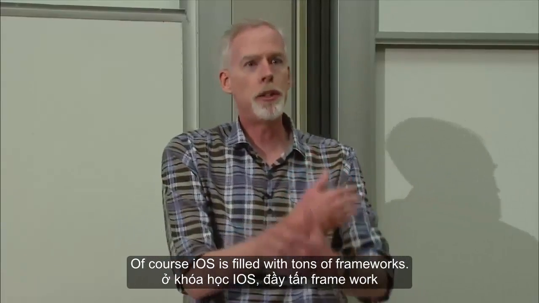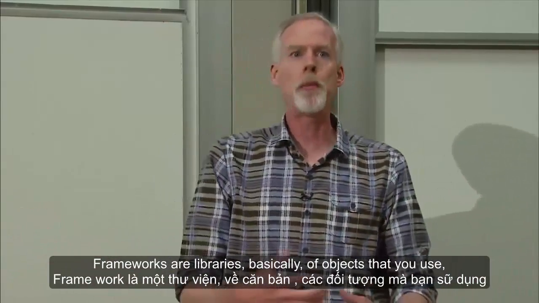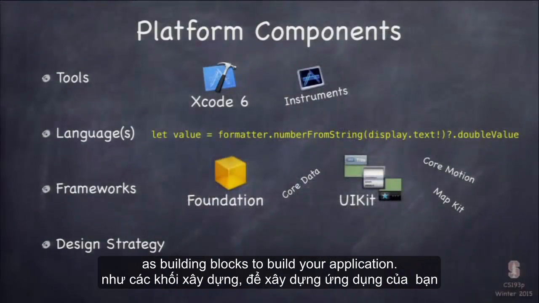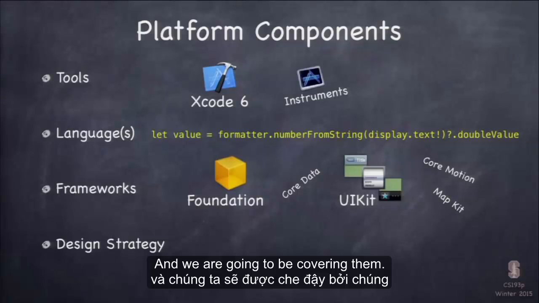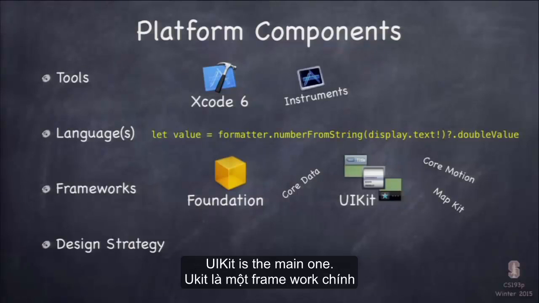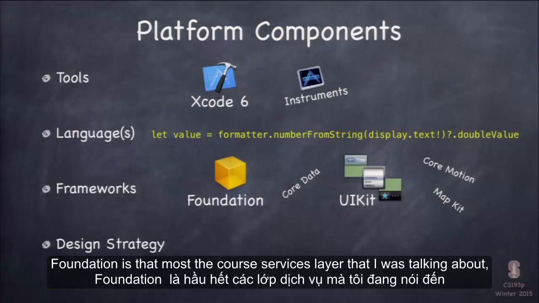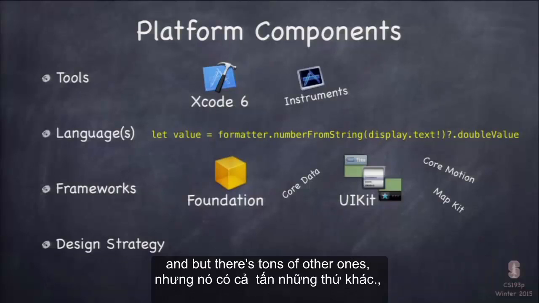Of course, iOS is filled with tons of frameworks. Frameworks are basically libraries of objects that you use as building blocks to build your application, and we are going to be covering them. UIKit is the main one. It's got most of the user interface stuff in it. Foundation is that core services layer that I was talking about. But there's tons of other ones.